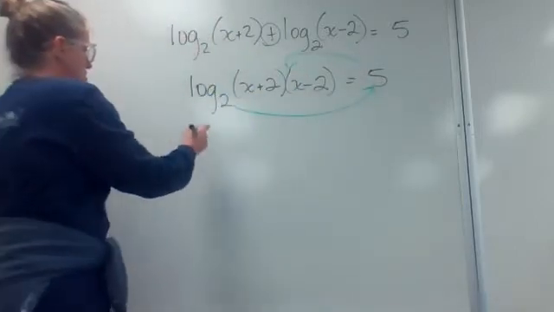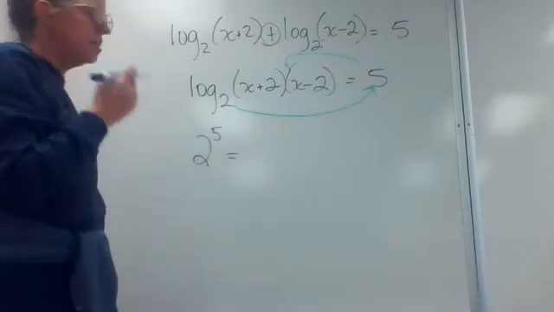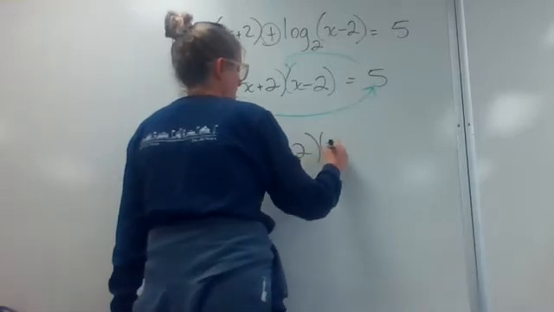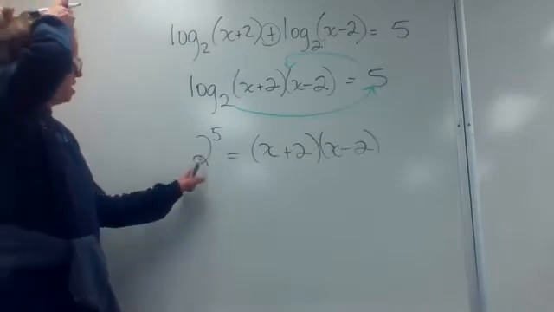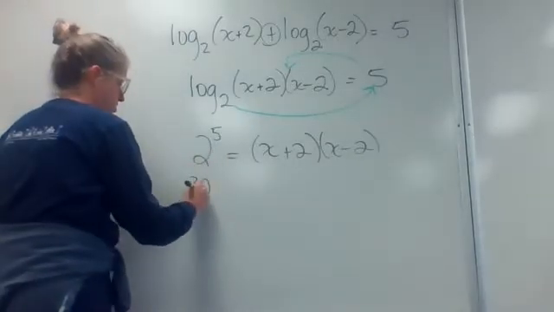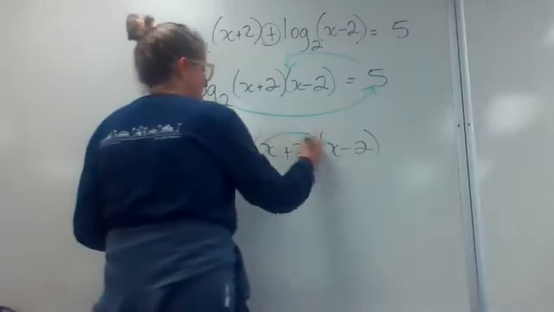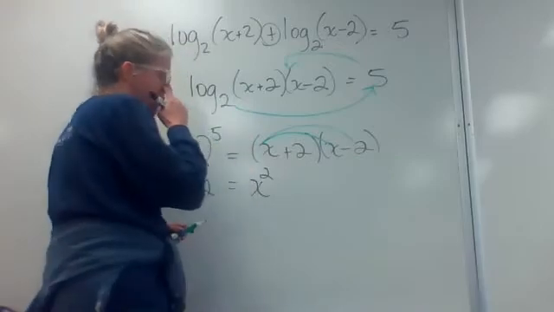So I'm going to have 2 to the 5th power with x plus 2, x minus 2. Now 2 to the 5th power is 32. So when I distribute here, x times x gives me x squared.